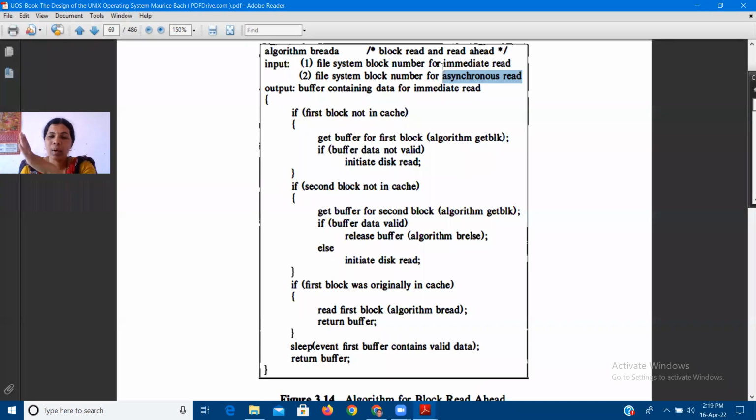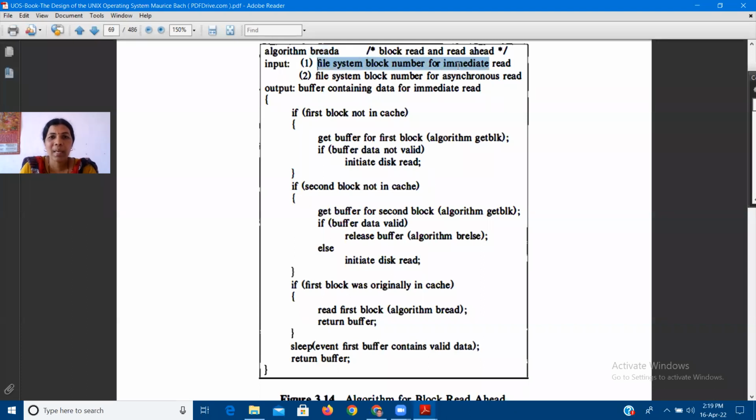Again, second will be over, third will be treated as an immediate, fourth will be treated as an asynchronous. So like that, we are reading ahead. That's why it is called B Read A: Buffer read ahead, block read and read ahead. A stands for ahead, B stands for block and read. So this is the name of this algorithm, B Read A.